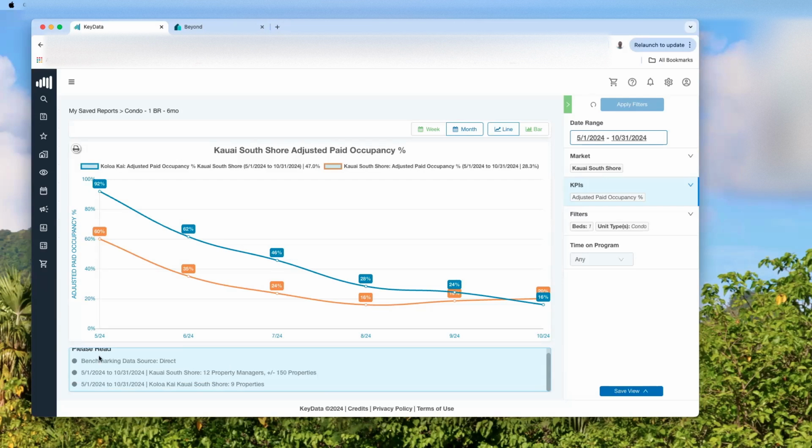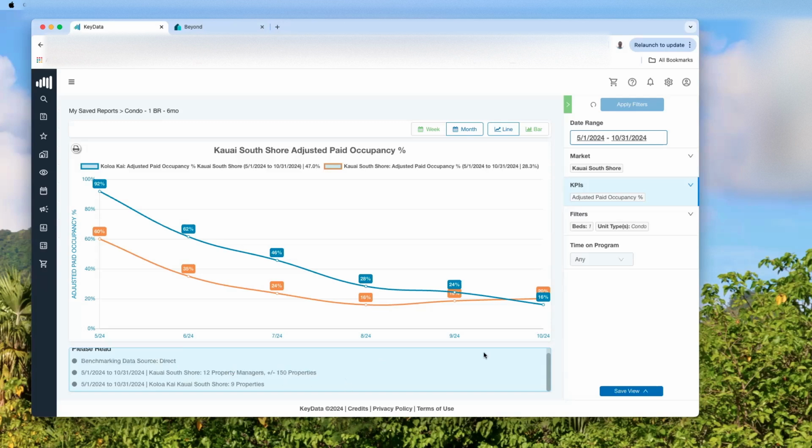When we look at direct numbers, which is what this data set is comprised of, we're getting what the property actually booked for and the adjusted paid occupancy of those calendars. This takes away owner bookings, maintenance blocks, holds, and things like that, and displays the occupancy that has been paid for. On the average daily rate side, it shows what the actual paid rate was for that stay.